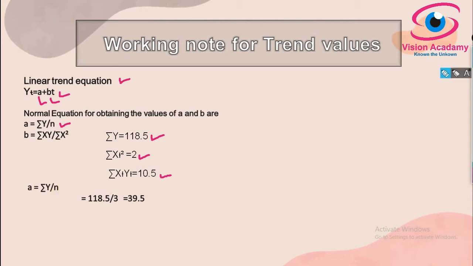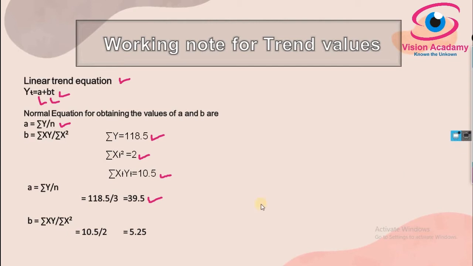Summation Y is 118.5, n is 3, so the a value is 39.5. For b, summation XY by summation X square: summation XY is 10.5 divided by 2, since X square is 2, so the b value is 5.25.